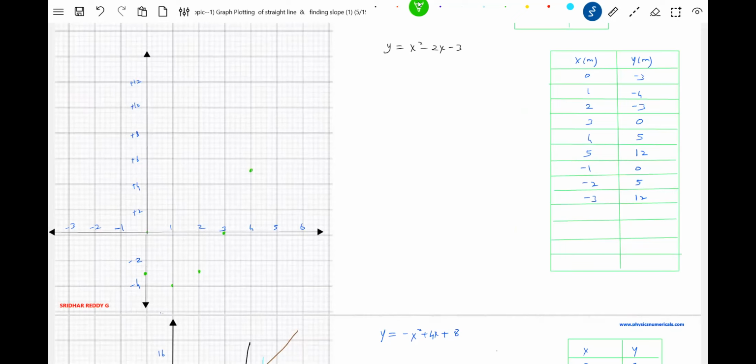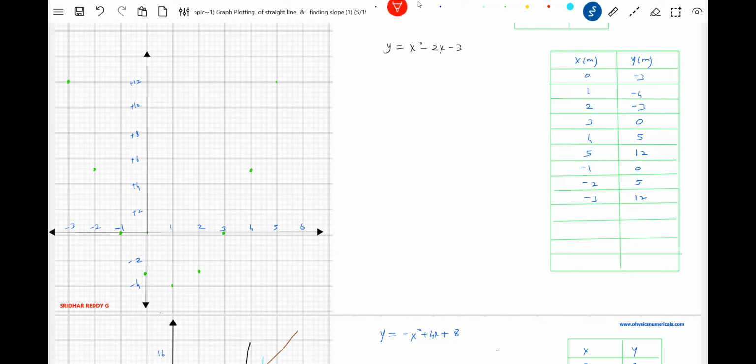X equal to 5, it will be 12. I think the value at x equal to minus 1 will be 0. X equal to minus 2, it will be plus 5. Minus 3, it will be 12.